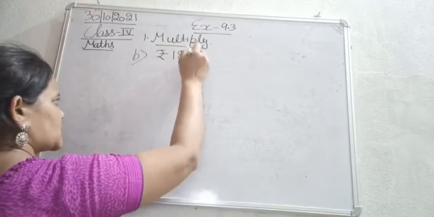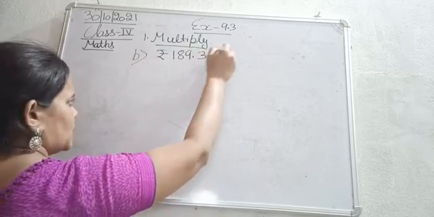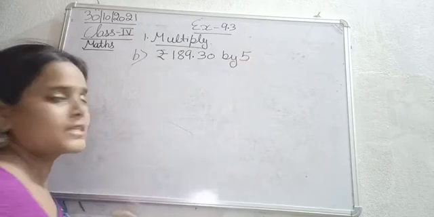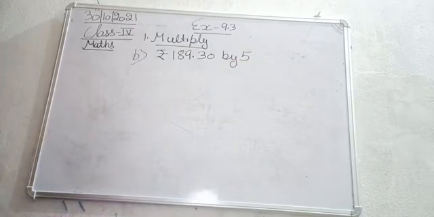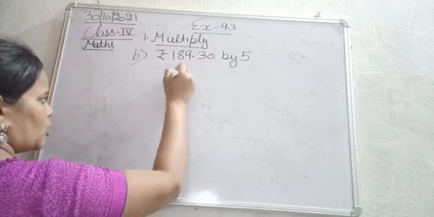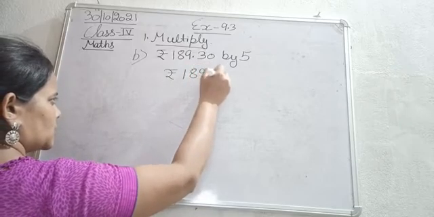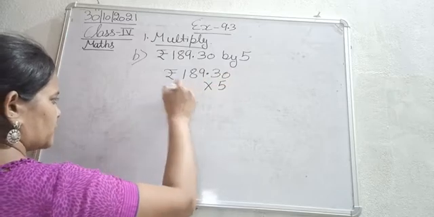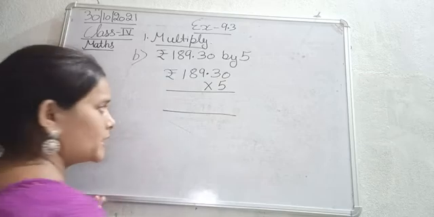So just simply multiply these two. So let's multiply. First of all we will write in the column form: 189.30 multiplied by 5. Just multiply and find the answer.